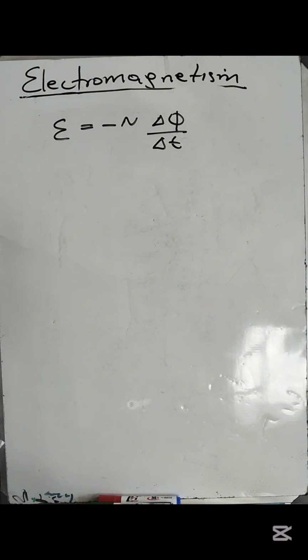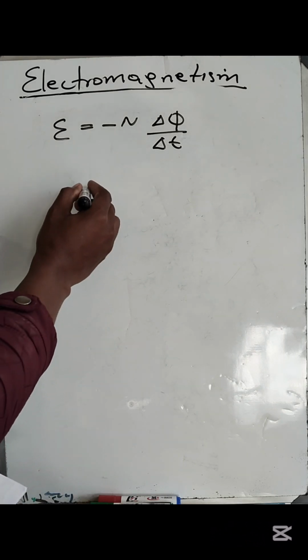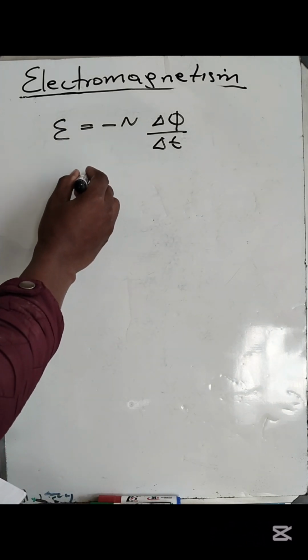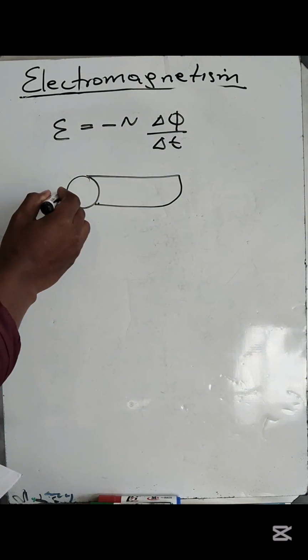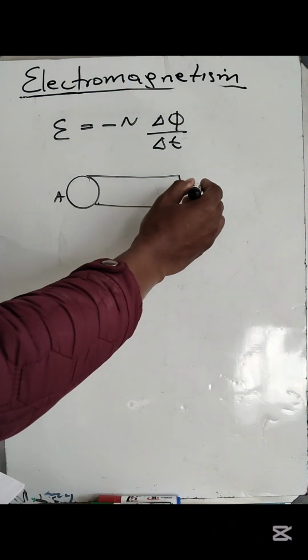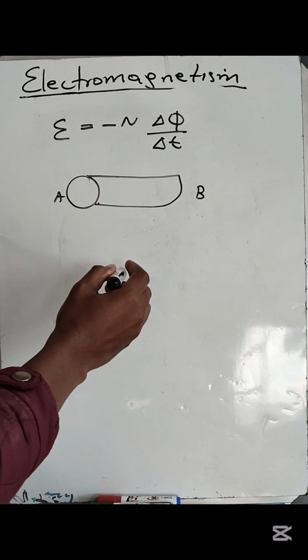Okay, so the following question here, we have a solenoid that is drawn. We have A on this side, then B on this side.